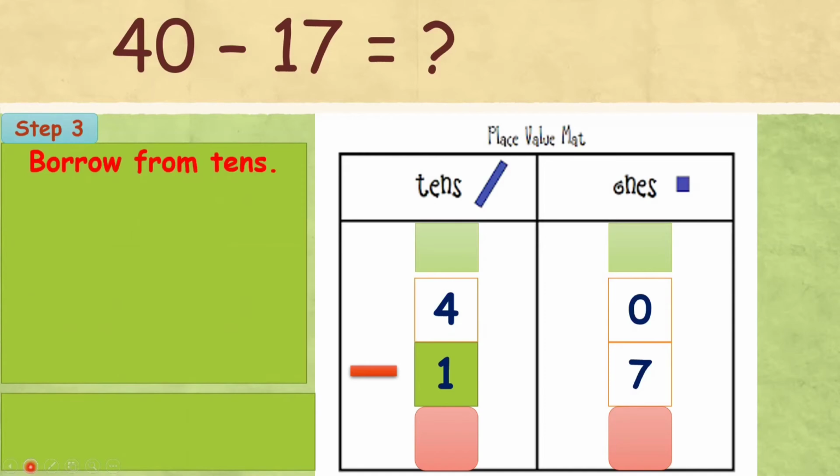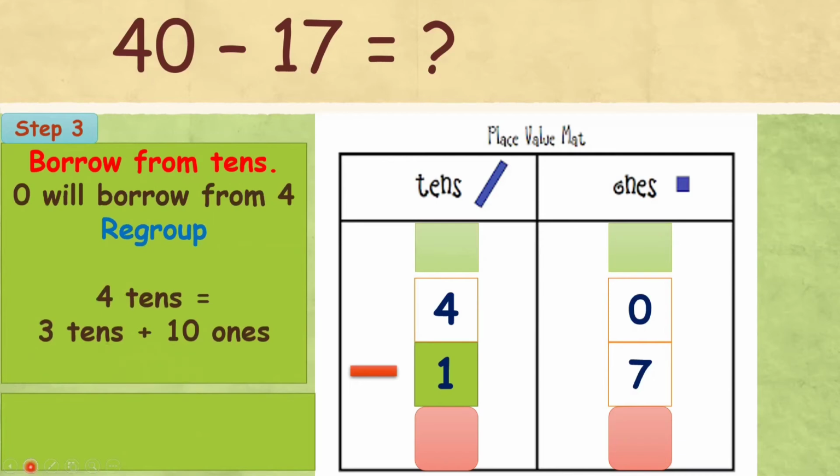Borrow from tens. 0 will borrow from 4. As you can see, 4 is in tens place. So, we will regroup 4 tens to 3 tens and 10 ones.